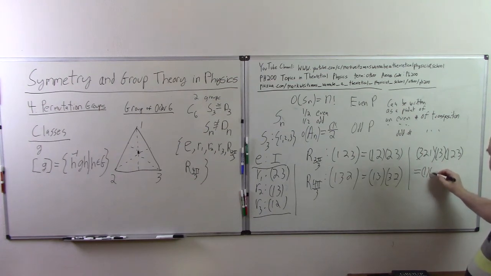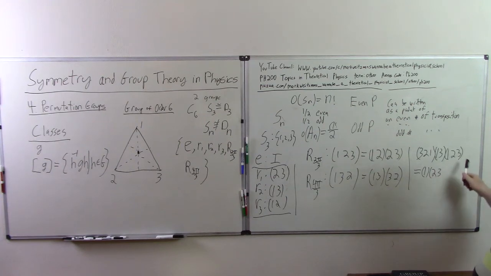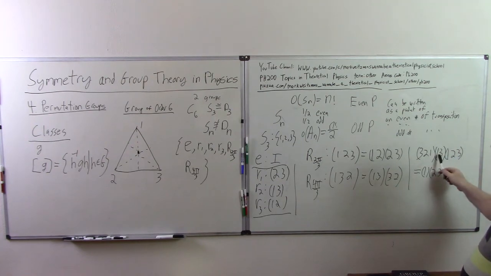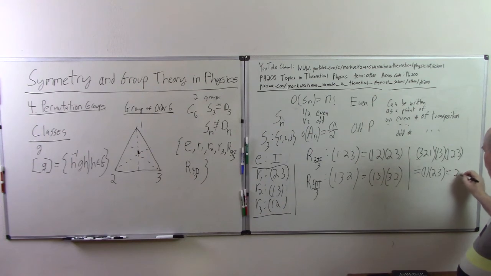No, that's not right. Let me do that again. 3 goes to 1, 1 goes to 3, and 3 goes to 2. So 3, 2. So this is equal to 2, 3.